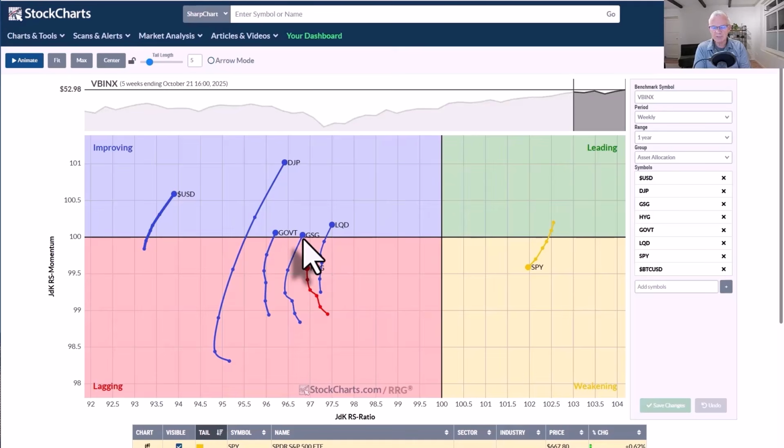In filling in my framework, I also looked at the price charts. So I put the price charts in as well, to combine what we see on the RRG with the price chart.